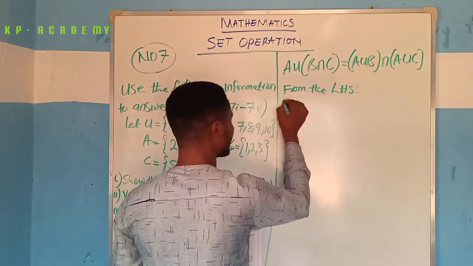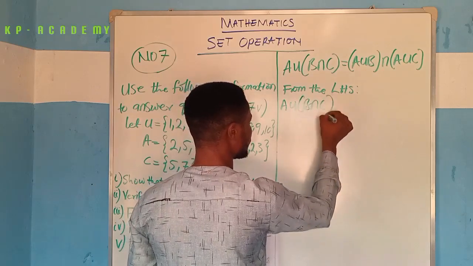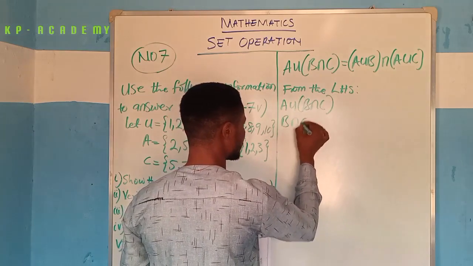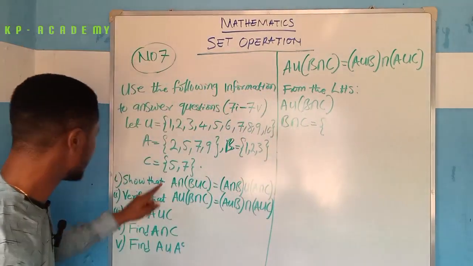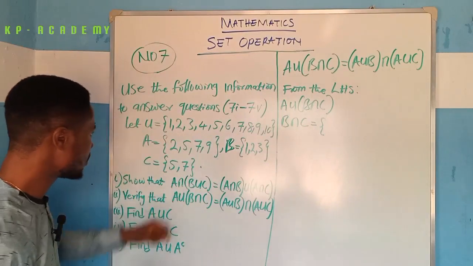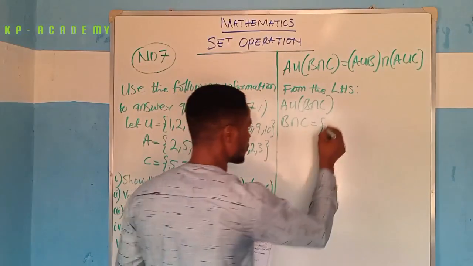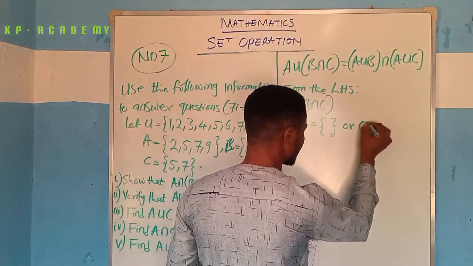We now have A union into B intersection C. First, let us look for B intersection C. This is set B, this is set C. What do both of them have in common? They do not have anything in common. Therefore, it's nothing but the empty set or null set.